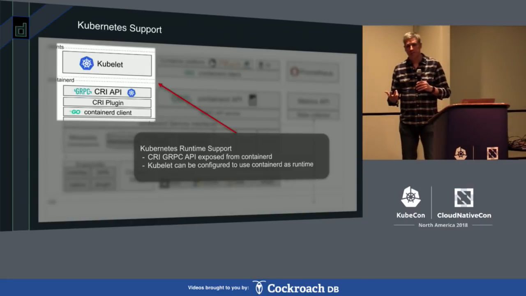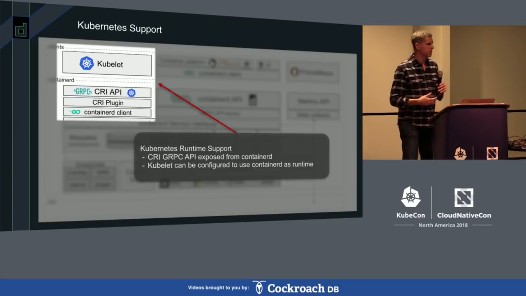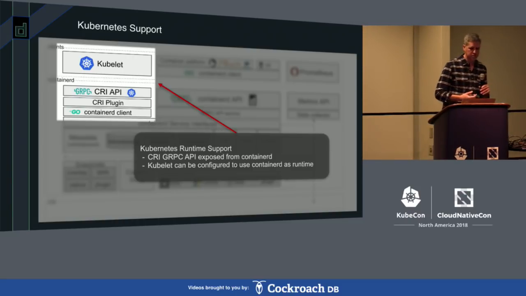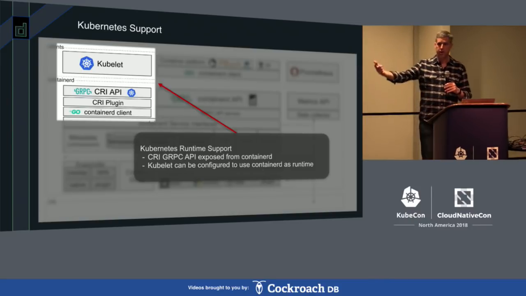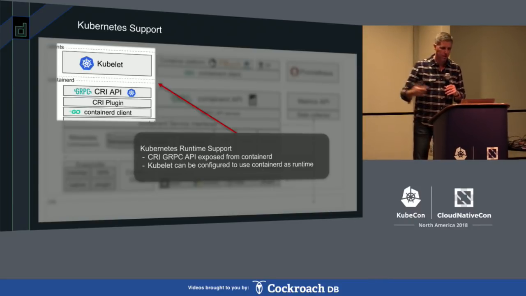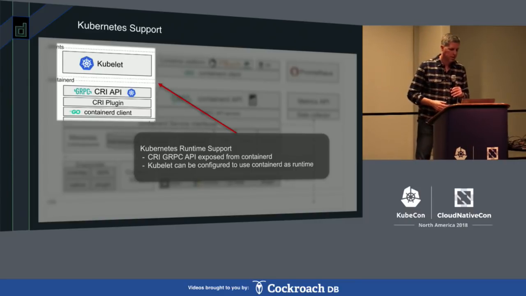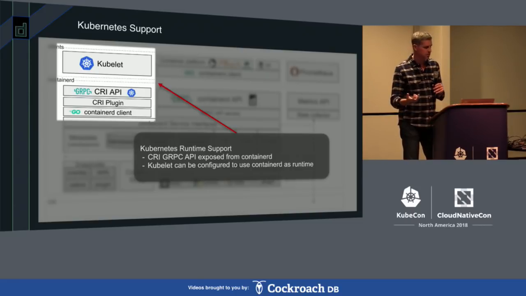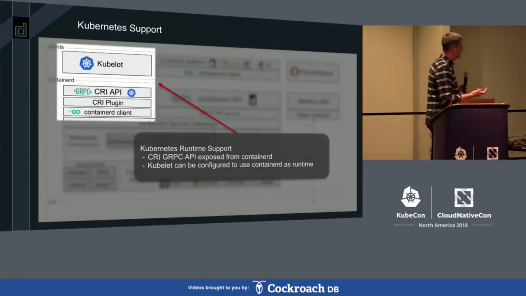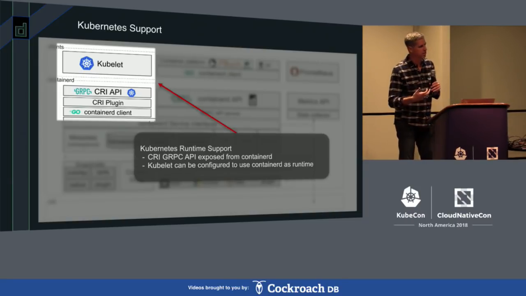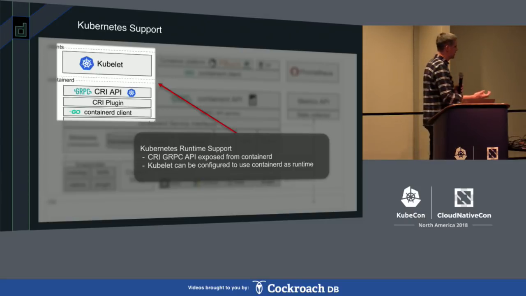As I said, we have the CRI plugin, which is now part of the Containerd GitHub project. Obviously Kubernetes defines the CRI API for a specific level. The CRI has been changing over time, so the CRI plugin supports a specific versioned CRI API, and then it simply uses that Go client library that I talked about to call into Containerd and do those operations.